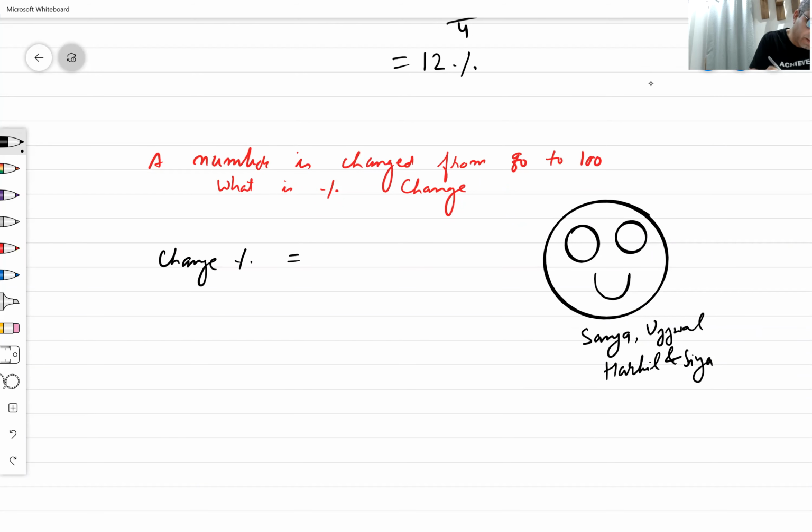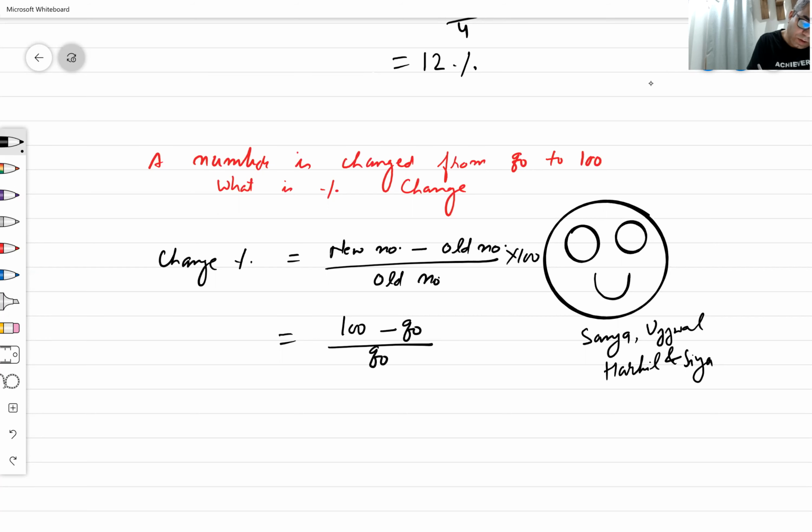Change percent is equal to new number minus old number divided by old number into 100. So you must remember this. So new number is 100 minus old number, original number, into 100. So that is 20 over 80 into 100. That is 25%. This is the answer.